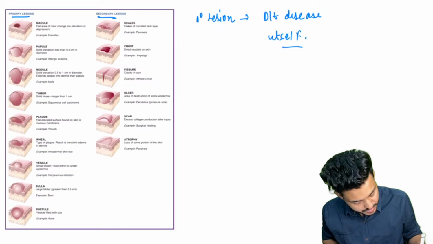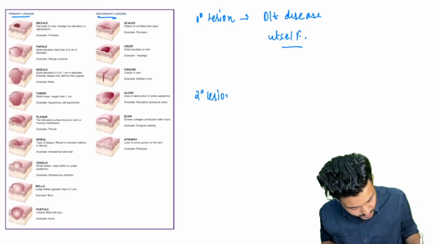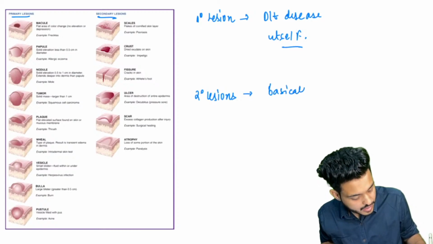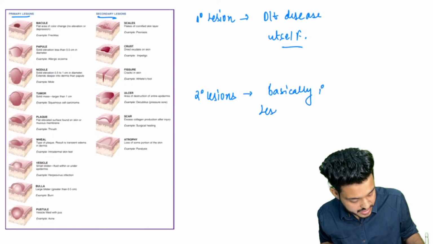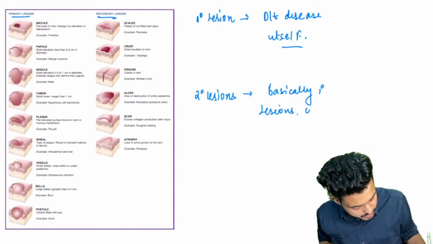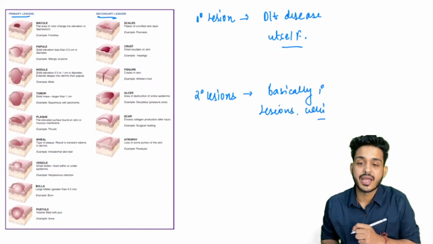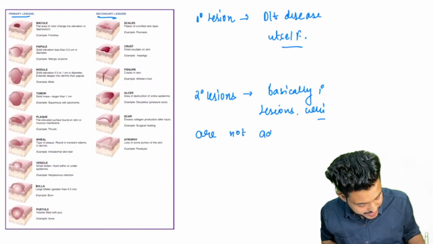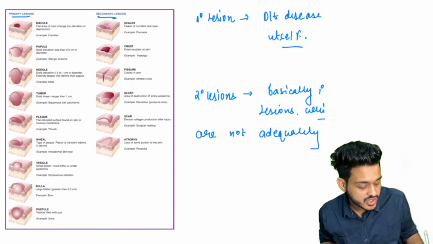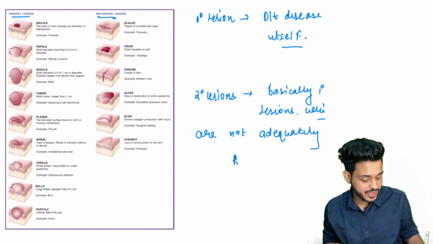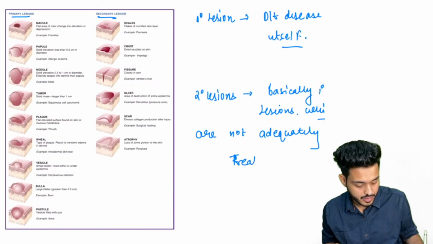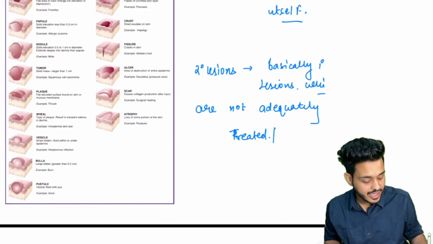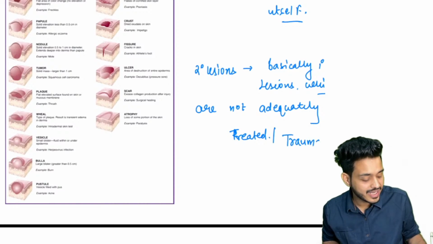So secondary lesions are basically primary lesions which are not adequately treated. ठीक से treatment नहीं हुआ, that would be converting into a secondary lesion. And this can be due to trauma as well. Trauma की वजह से भी हो सकते हैं.